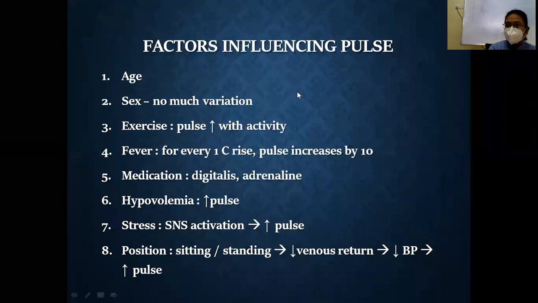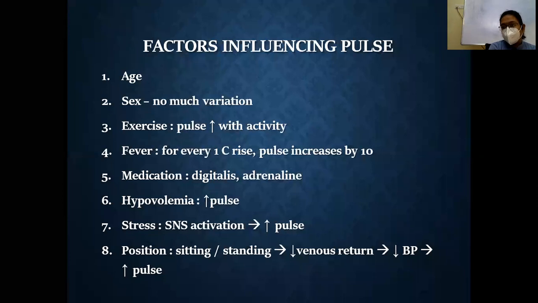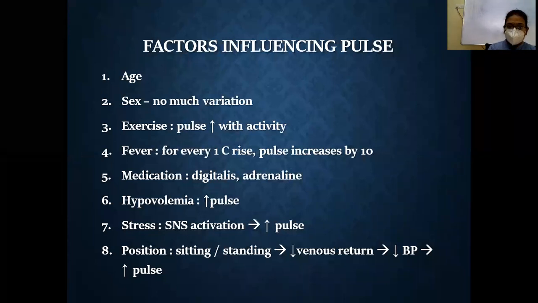The classical example I always give is the moment I say you are supposed to give the viva, automatically your heart rate would increase in anticipation. Whenever there is increase in sympathetic discharge, it will withdraw the vagal tone from the SA node and the heart rate would increase. So in exercise, the heart rate increases to meet the metabolic demands.